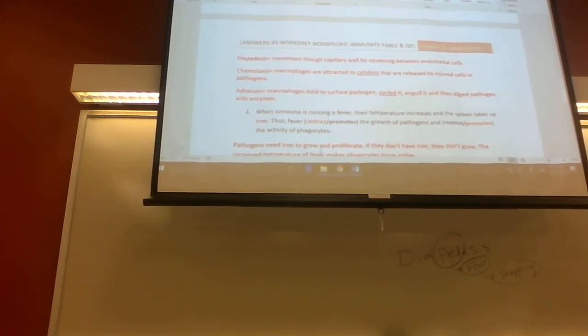So thus, fever restricts. You're going to circle restrict and cross out promote. Fever restricts the growth of pathogens and promotes activity of phagocytes. So pathogens being the ghosts, phagocytes being Pac-Men.